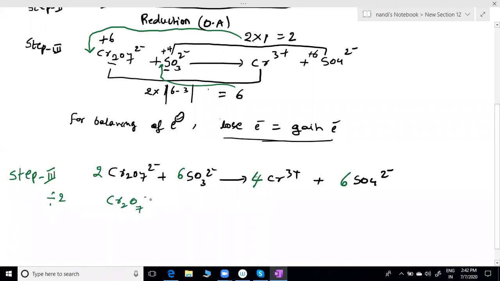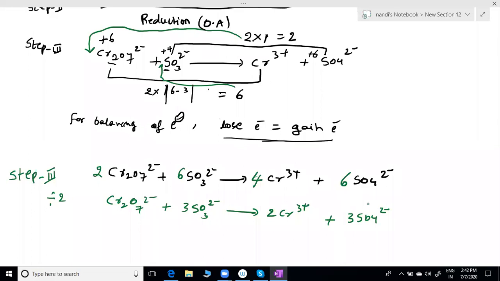Cr2O7 2 minus plus 3 SO3 2 minus gives rise to 2 Cr3 plus and 3 SO4 2 minus. Any doubt here? I wrote only after step 3, 2 points.